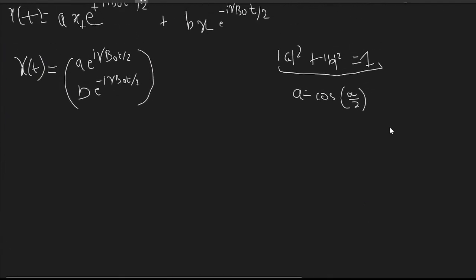So A will be this, and B will be sine alpha divided by 2. You have to find it, okay? I'm not going to derive it because it will just increase the length of the video. These are the basic things you have to know, and you can derive it.